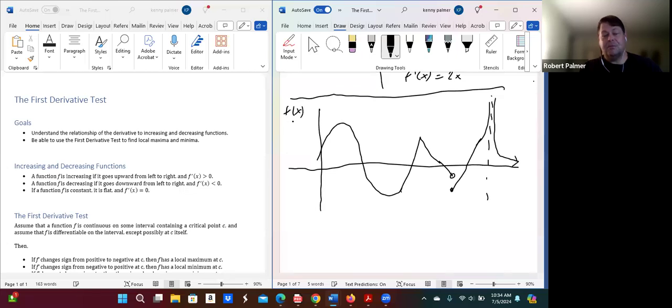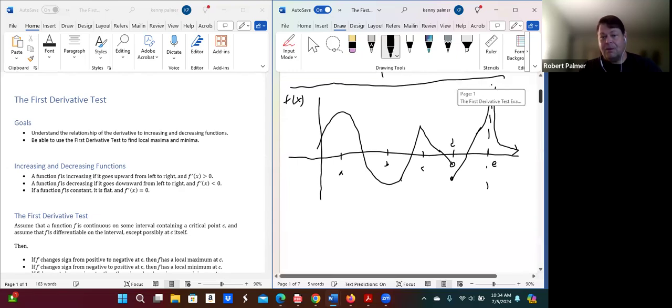Let's talk about it. Let's call these points A, B, C, D, and E. Let's say this also goes on forever in both directions, and also at the end.